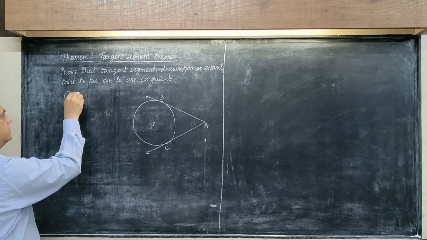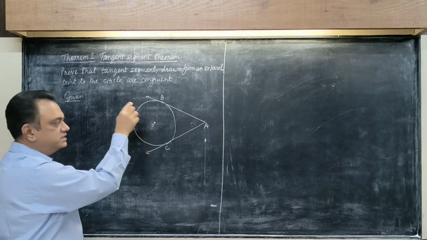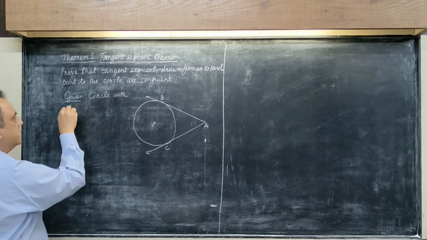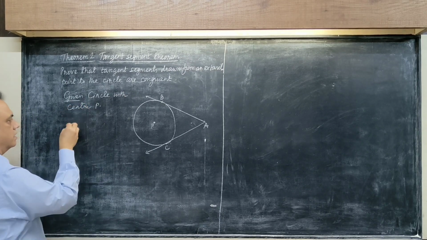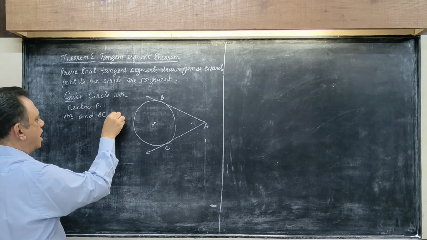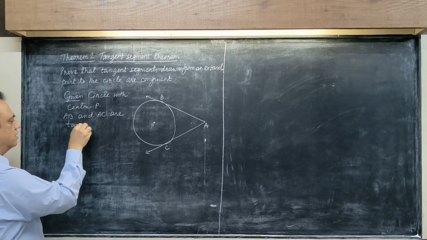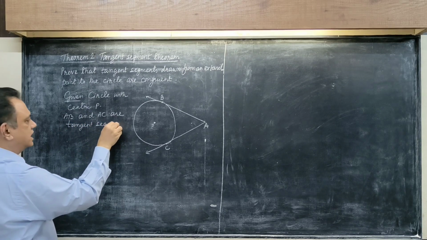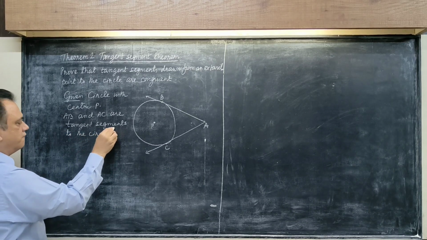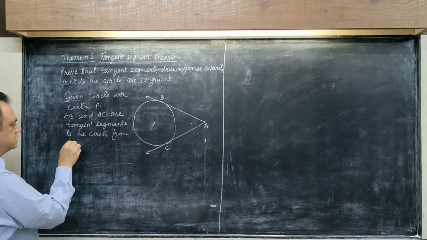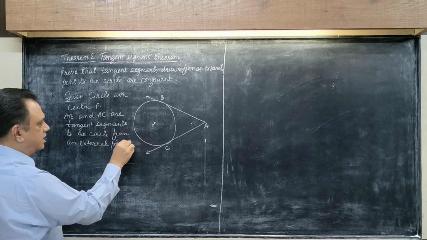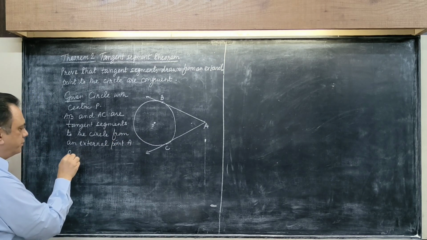Given. After the diagram, next step is given. Circle with center P. AB and AC are tangent segments to the circle from an external point A. What to prove?